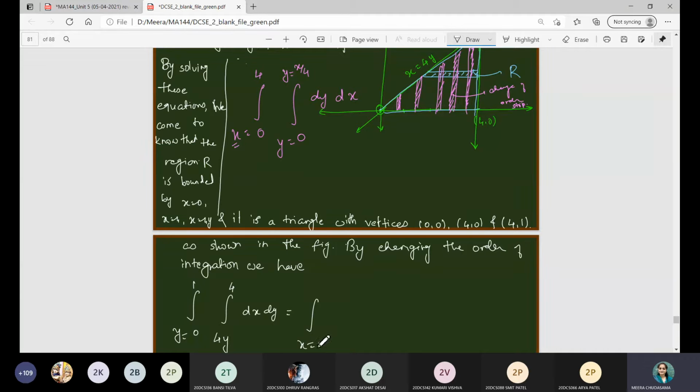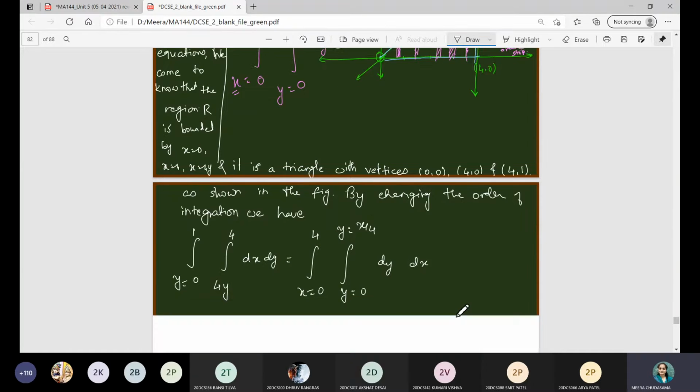That is x is equal to 0 to 4, y is equal to 0 to y is equal to x by 4, dy dx.